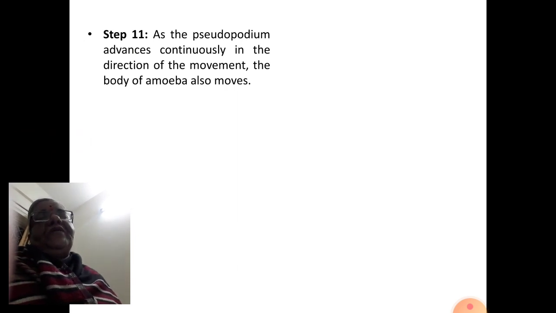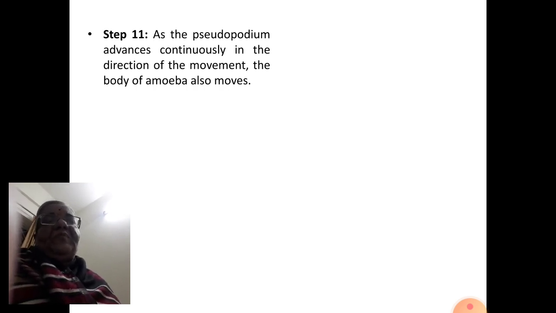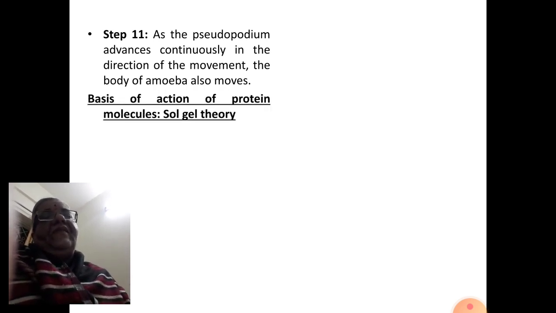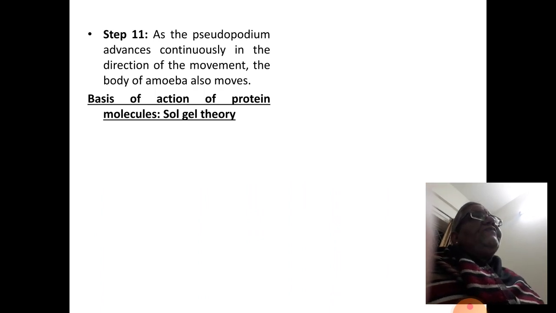As the pseudopodium advances continuously in the direction of the movement, the body of the amoeba moves. So this theory, which convincingly explains the formation of pseudopodium and the movement of amoeba, is known as the sol gel theory proposed by Hyman.